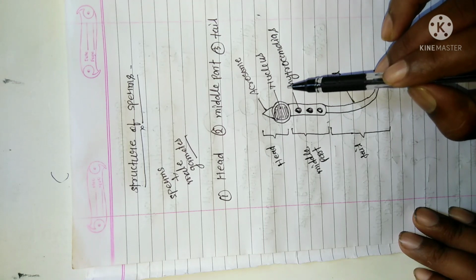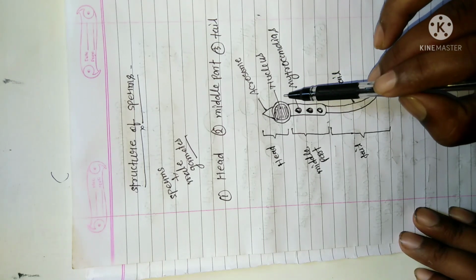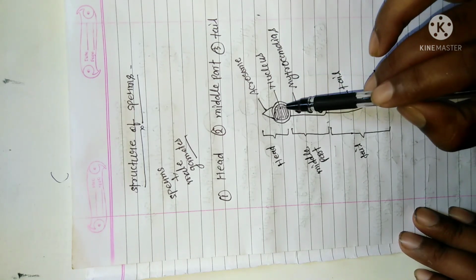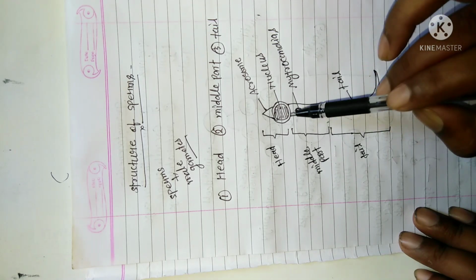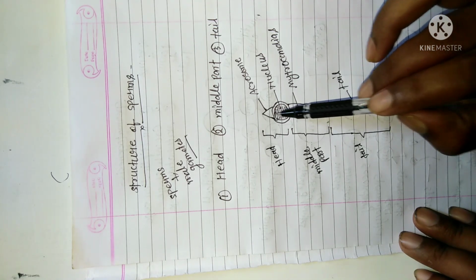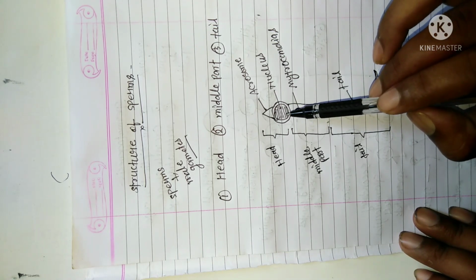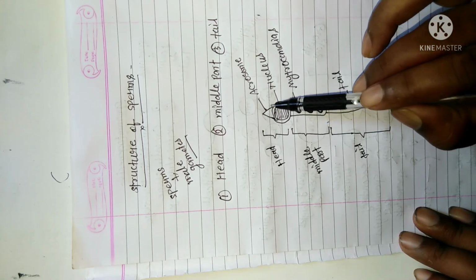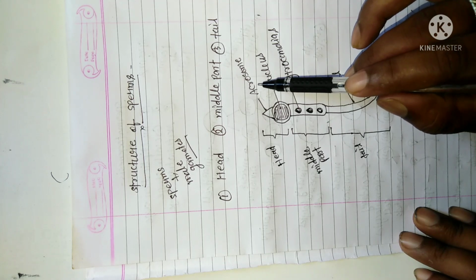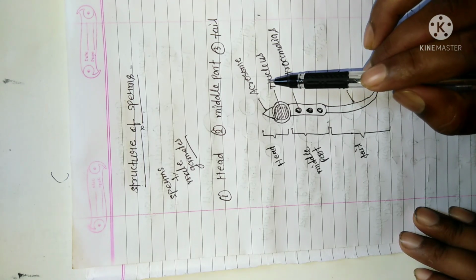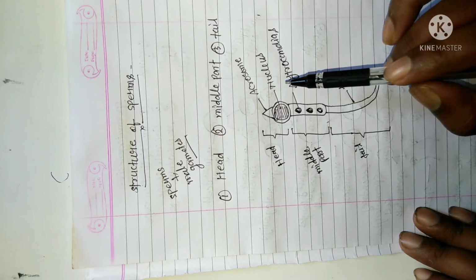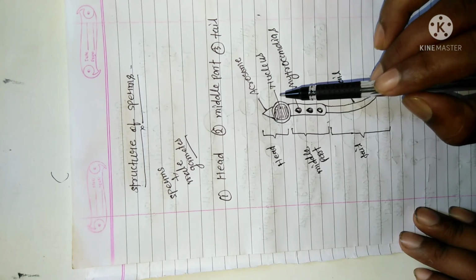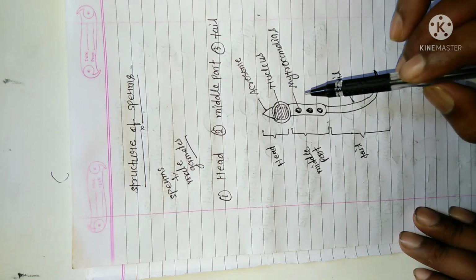In the mid of head, there is a nucleus found in the sperms. Upper part of head has a pointed part, which is called acrosome. Acrosome helps sperms to enter the ovum during fertilization process.